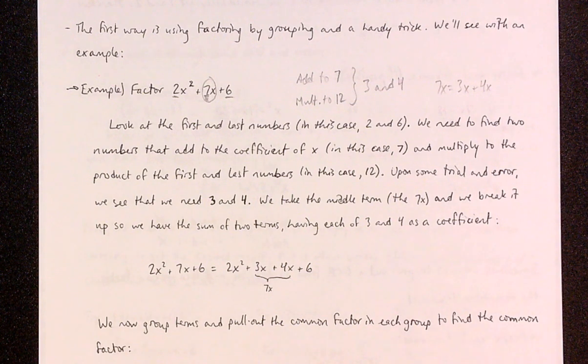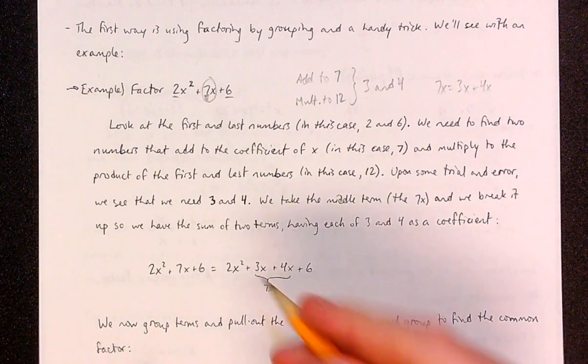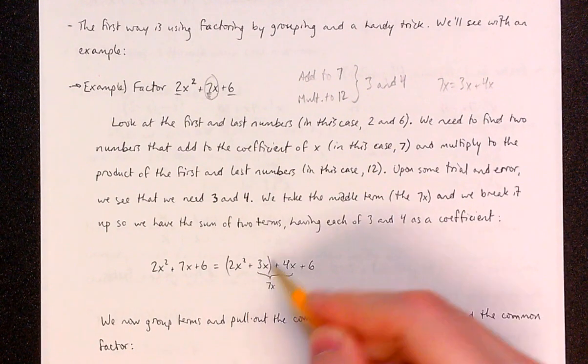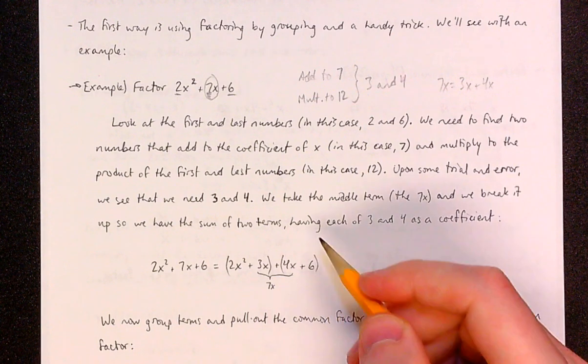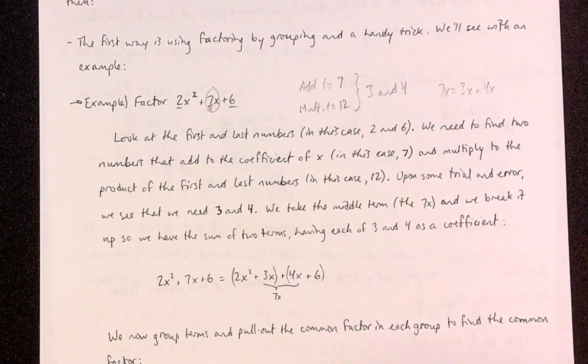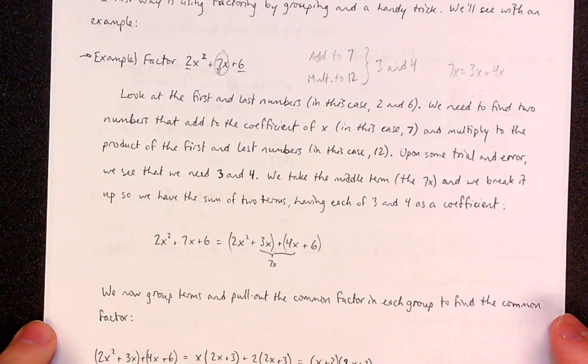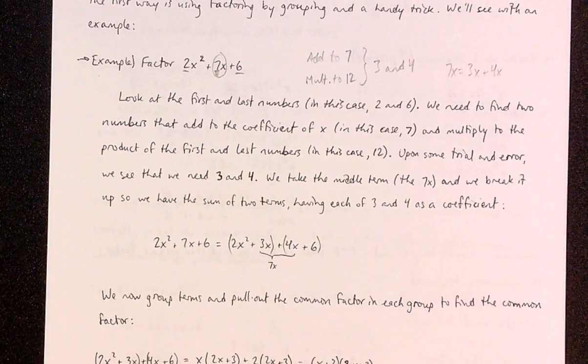Now that we have it written like this, we can now factor by grouping. I can take the first two terms and the last two terms and look at those as their own groups, pull out the GCF of each group, and then pull out the common factor.